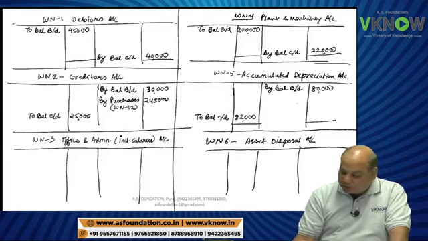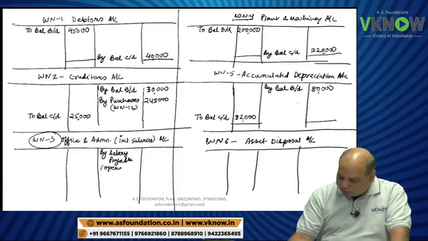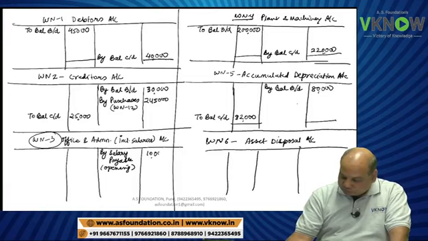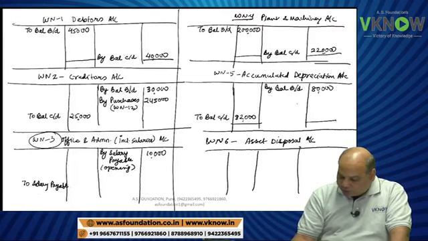Salaries payable will come in working note 3. By salary payable, in bracket opening, salary payable is 10,000 and debit side last line, to salary payable, in bracket closing balance.